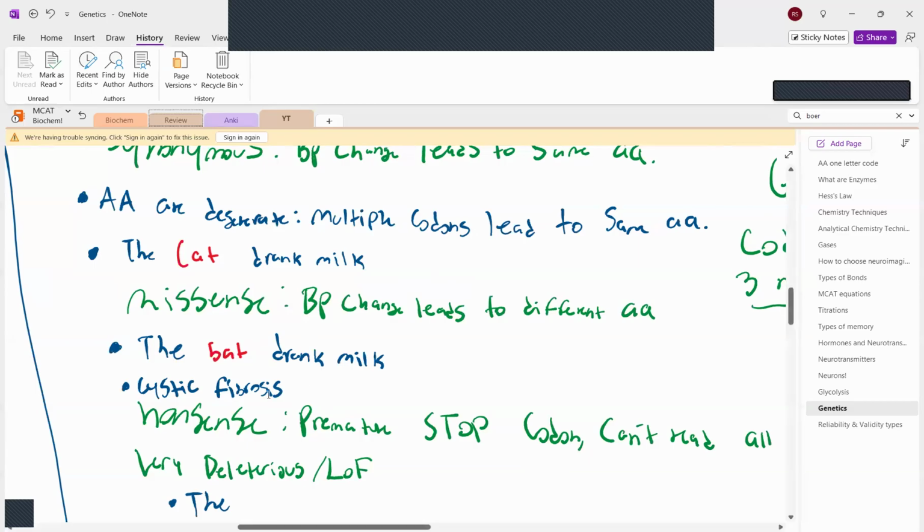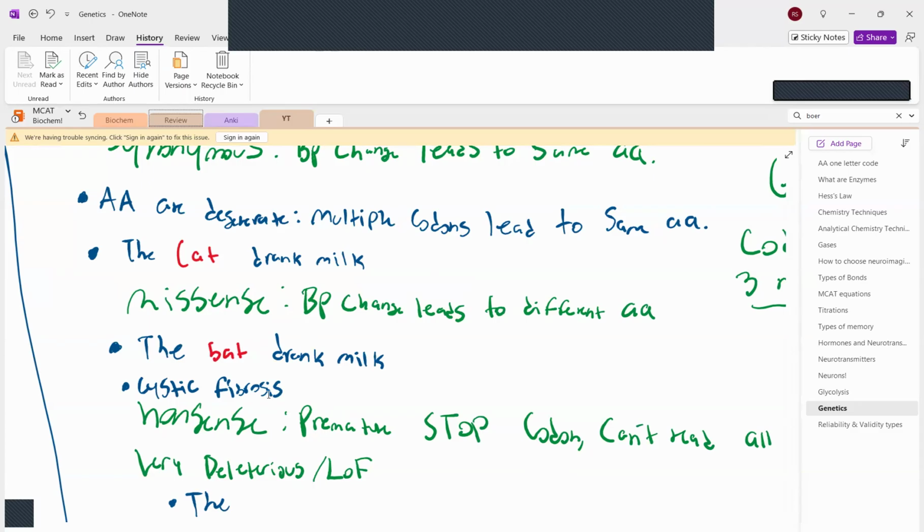A common example of this is cystic fibrosis, which is an absolutely devastating condition where you have chloride ion channels in your lungs that aren't working properly. So it can lead to a bunch of fluid buildup, or edema, which is swelling. It's really painful.